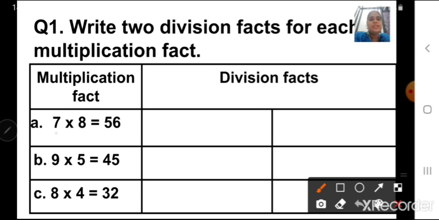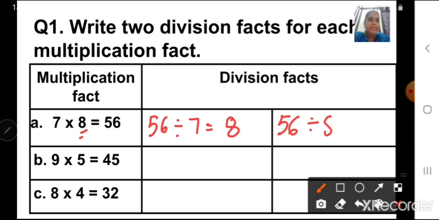See here, A1, 7 into 8 is equal to 56. So how can we write the first division fact? We can take number 56 divided by number 7 is equal to the other factor, number 8. So the answer will be 8. Then one more we can write as 56 divided by 8 is equal to 7.